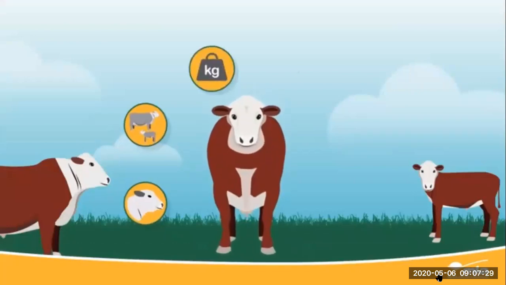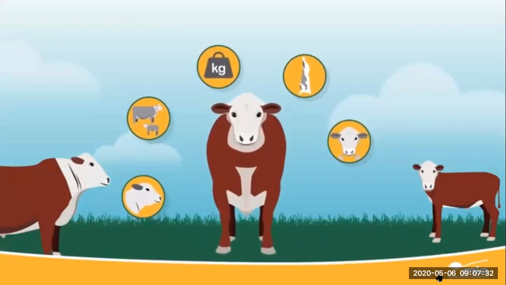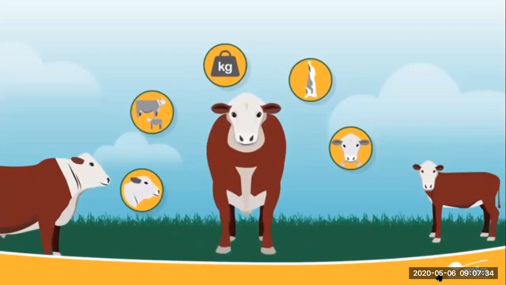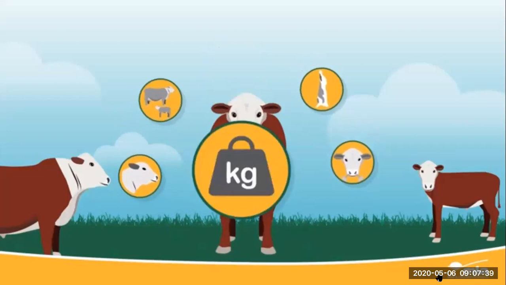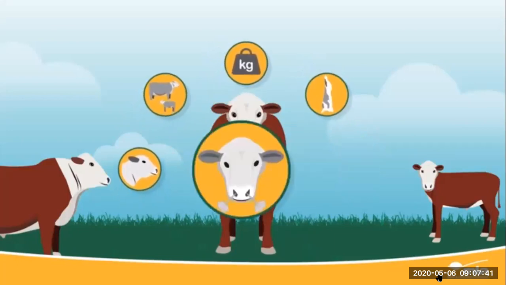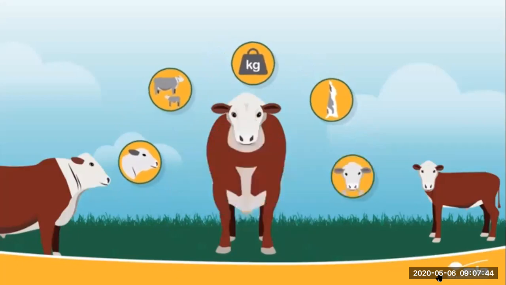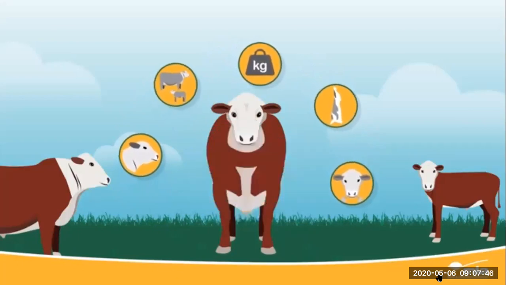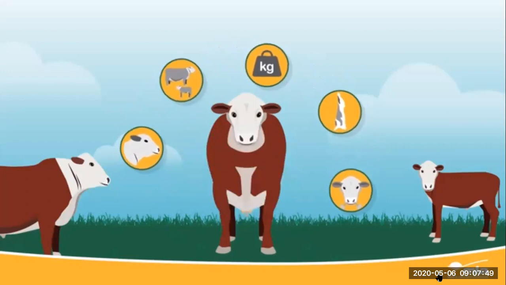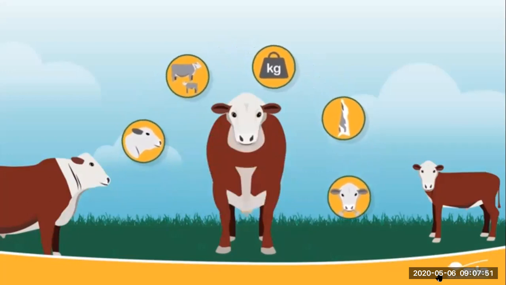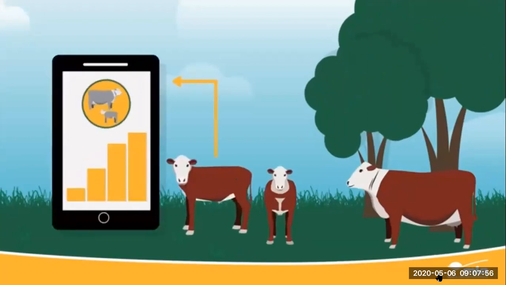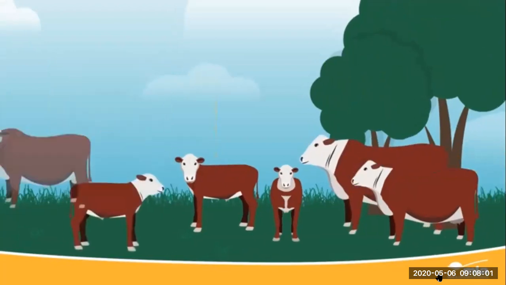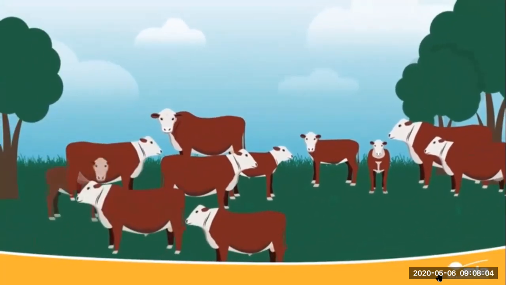There are EBVs for many different traits that impact the performance and profitability of your herd, including fertility traits, calving ease traits, weight traits, carcass traits, and other traits such as temperament. All EBVs are reported in the units they're measured in, for example, kilograms for weight and millimeters for rump fat. EBVs are generated from the data your participating stud breeder collects from the animal in question, as well as from its parents and other relatives to provide this estimate of genetic merit.